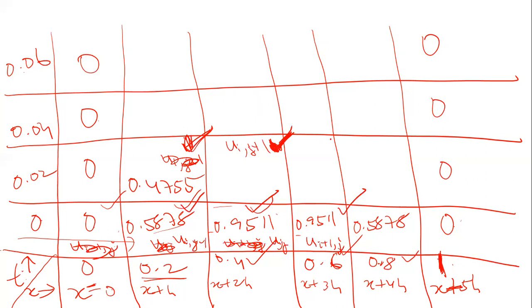And similarly, you can calculate this box value from the values of this, this, and this. You have to fill up this box. In order to obtain this, you are going to need this value, this value, this value. Then you will fill up all these values in the t equal to 0.02 row. Once you have all these things, you can start by calculating this, this, and this, and then you can calculate this, this, and this, and this. So you can continue the process.